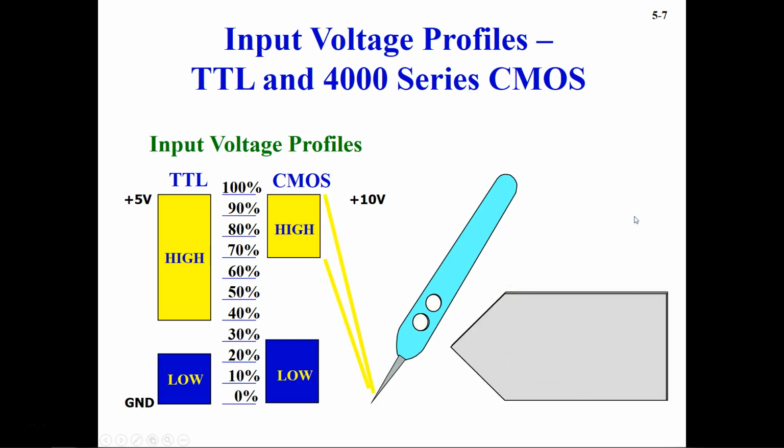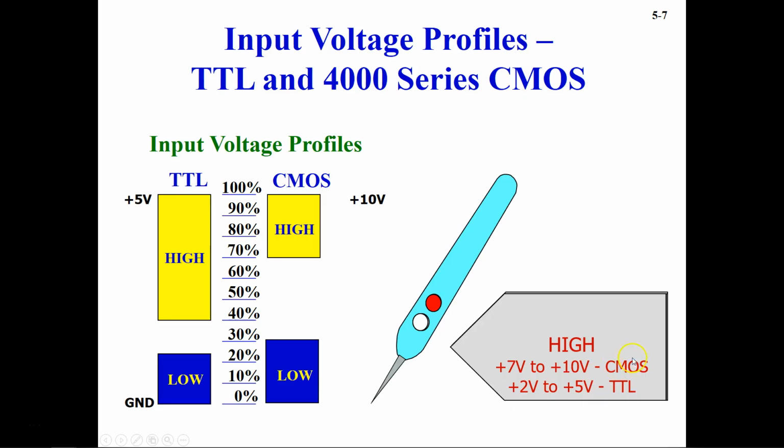Now next is the high. If the logic probe touches the high region, then this button will turn red, and it will show the high logic. The high logic for CMOS is from 7 volts to 10 volts, and for TTL it is from 2 volts to 5 volts.